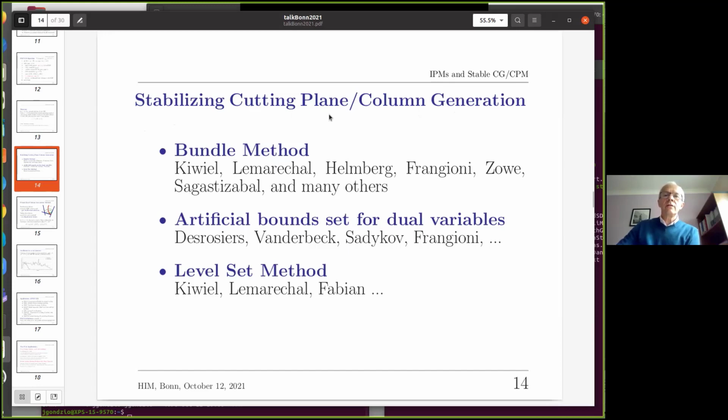Column generation and cutting plane methods jump from one corner of the polytope to another for a while and do a lot of zigzagging. Towards the end, when cutting planes are nearly linearly dependent, then they start to suffer from degeneracy. So there have been a variety of methods proposed to overcome these difficulties.